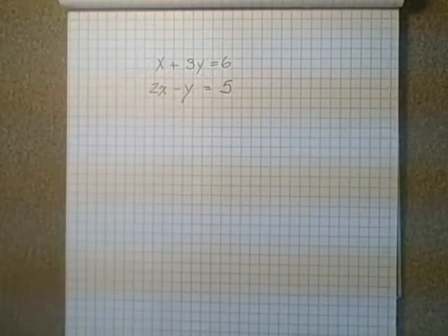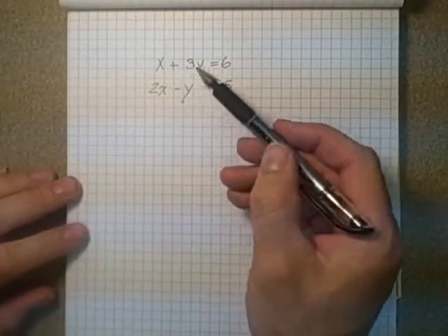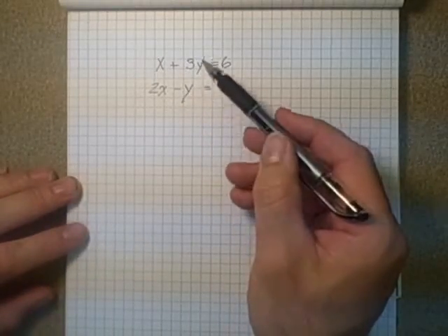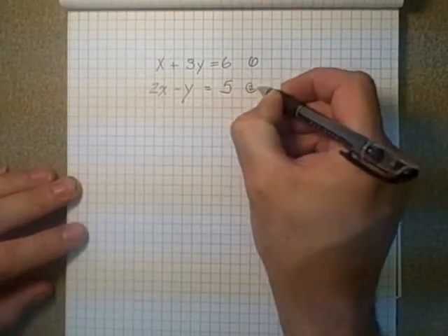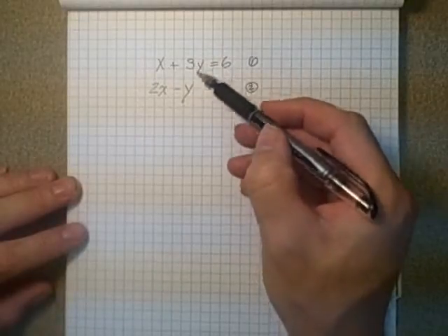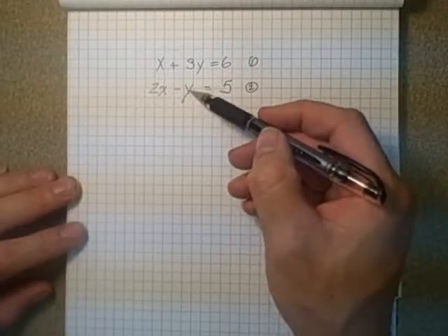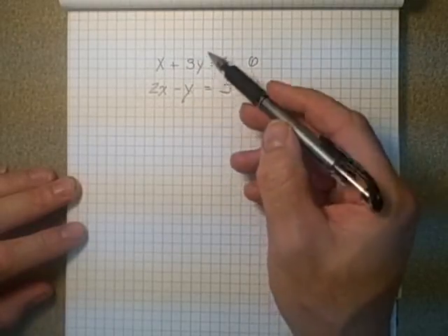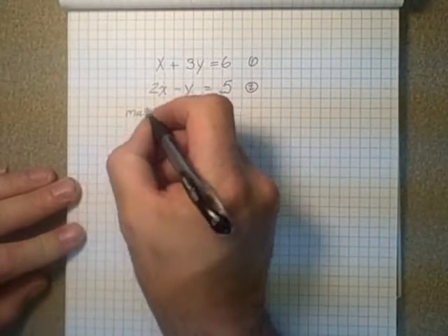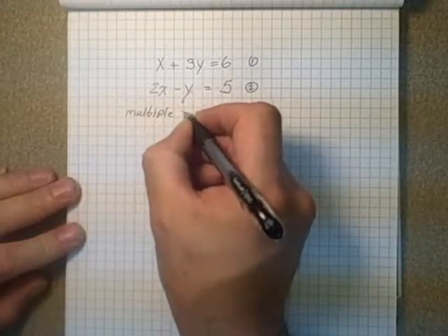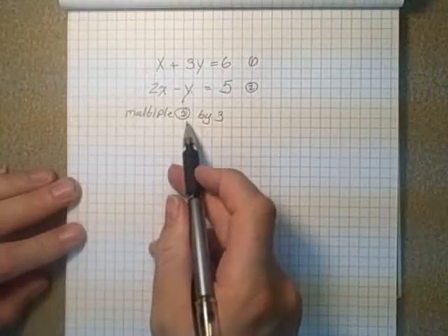So my first decision using the elimination method is, well, I can see that the y variables of both of these equations, let's say this is 1 and this is 2, are opposite signs, but different sizes. So if we increase this to make it the same as this, then we can eliminate the y. So let's multiply 2 by 3. Okay, so multiply equation number 2 by 3.